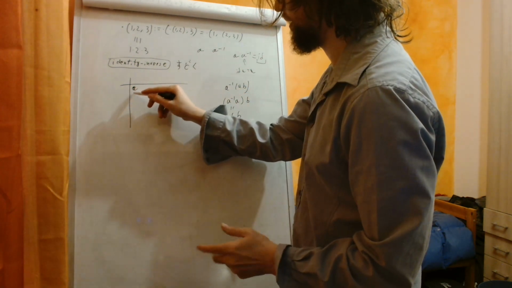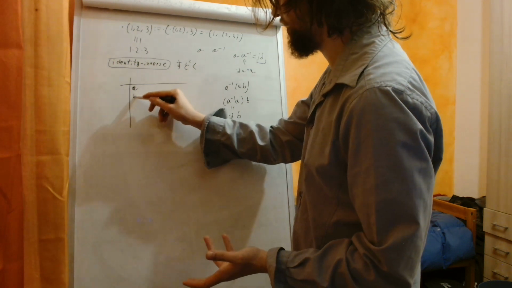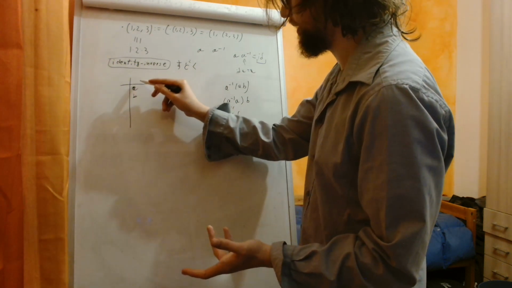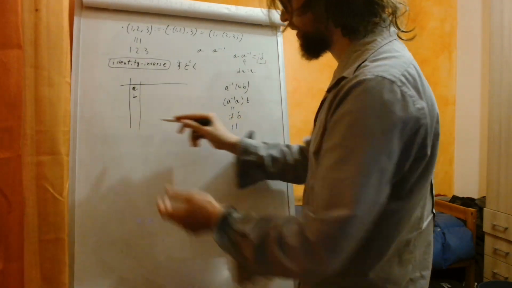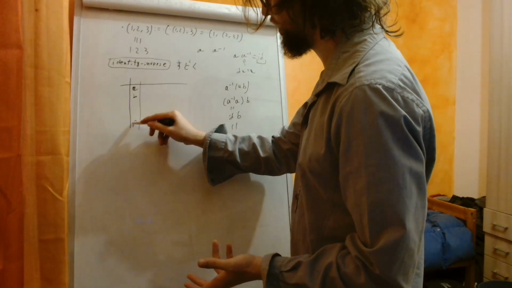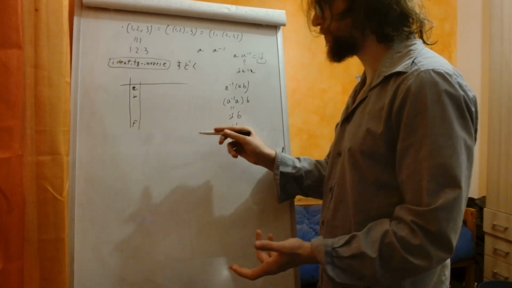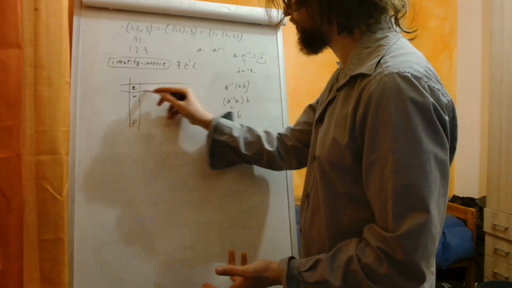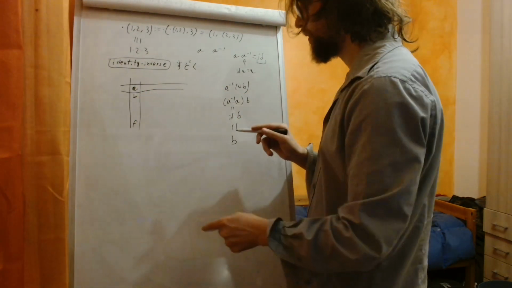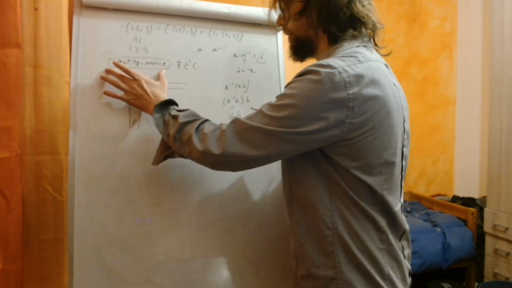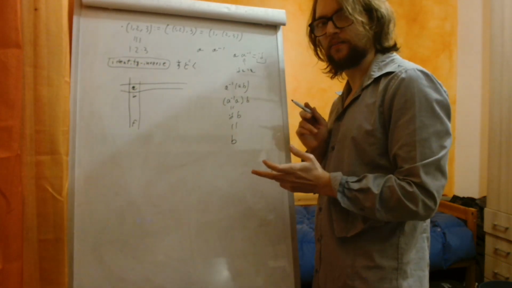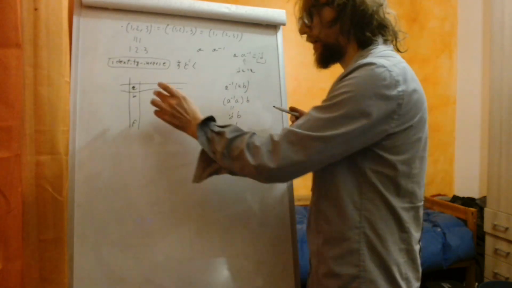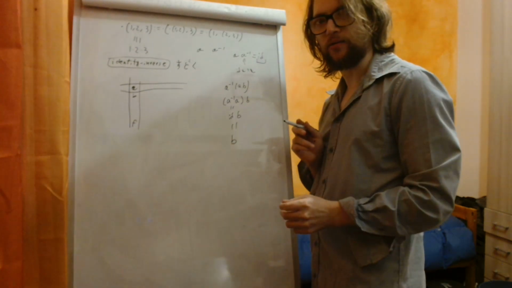So here you can't have A, you will have B, and so on. So you will end up having all the elements in this column. So at the end, all the elements will be present, and also in the row. So if we have the identity inverse property with the associative property, all the elements are in the operation table.